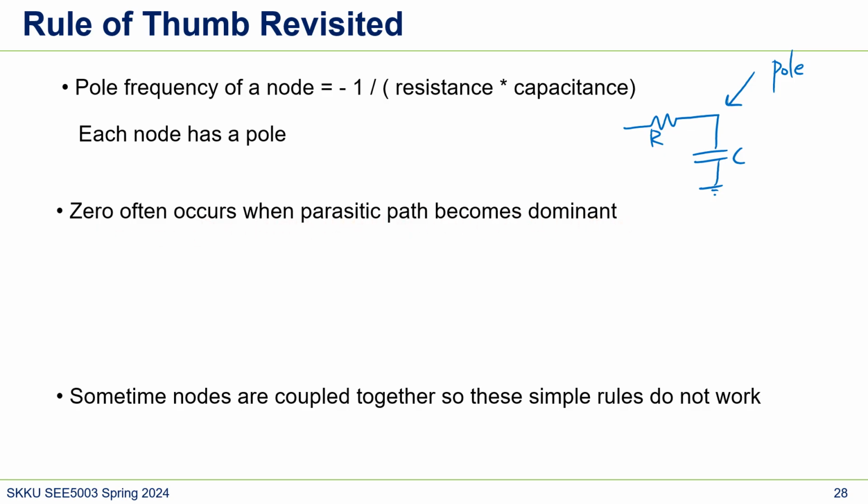It means that in our common source amplifier example, we had this CGD, so the parasitic path means the path through here. If this parasitic path becomes dominant, then a zero happens.